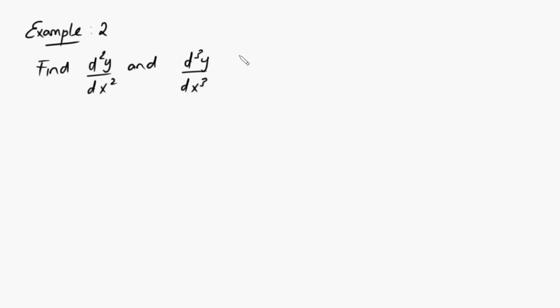So it says find these two of y is just equal to cos of 2x. So in order to find the second derivative, I must first find the derivative itself. So from y is equal to cos of 2x, I need to find dy dx.